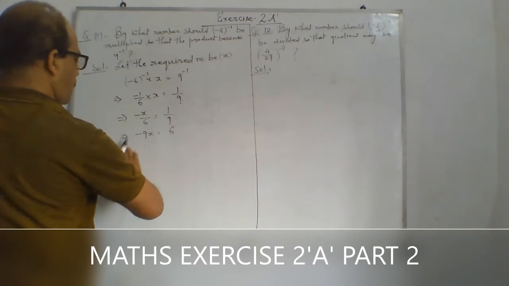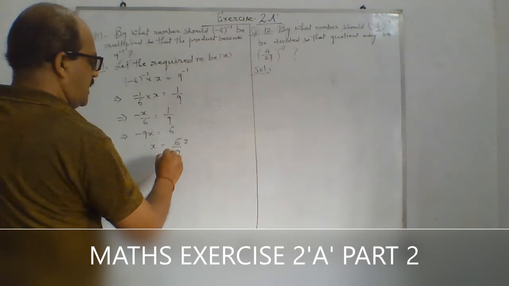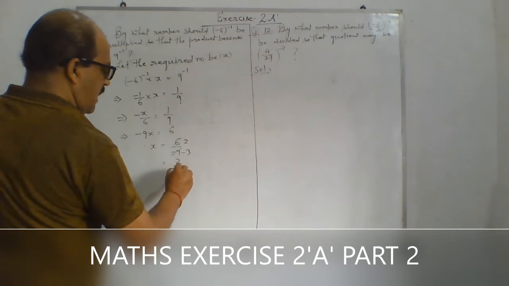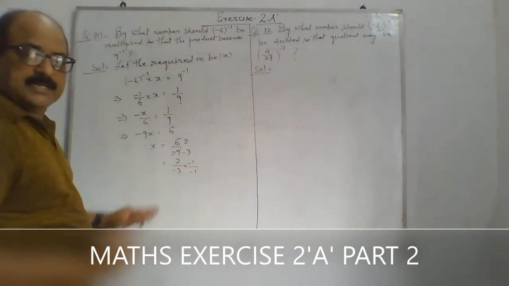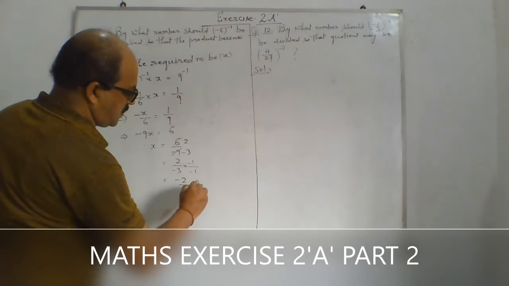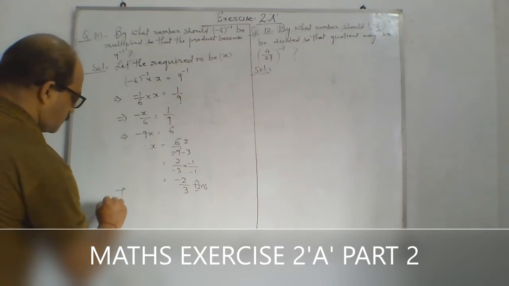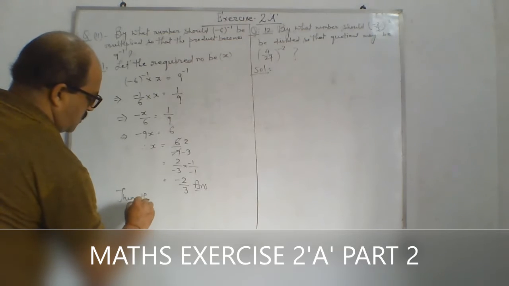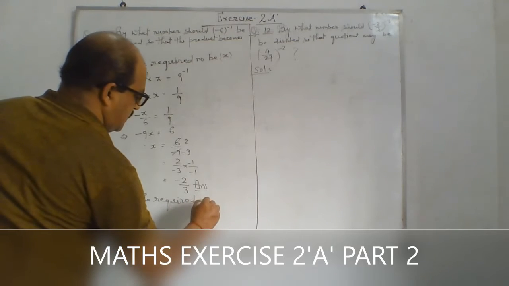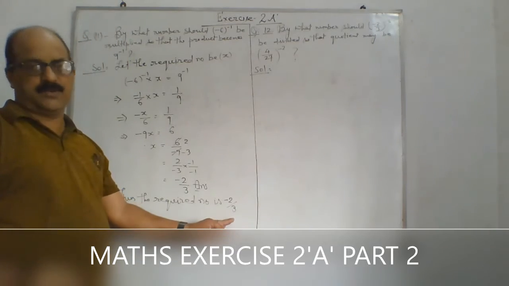Therefore x is equal to 6 by minus 9. 3 twos are 6 and 3 threes are 9, so 2 by minus 3, which becomes minus 2 by 3. This is the value of x. Thus the required number is minus 2 by 3. This is the answer.